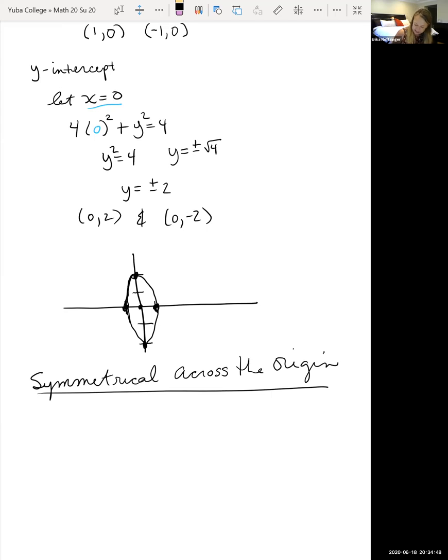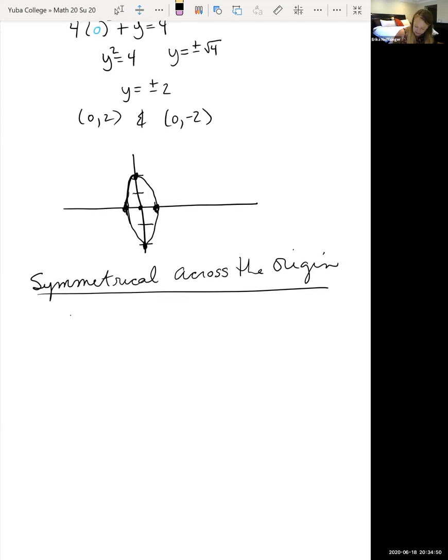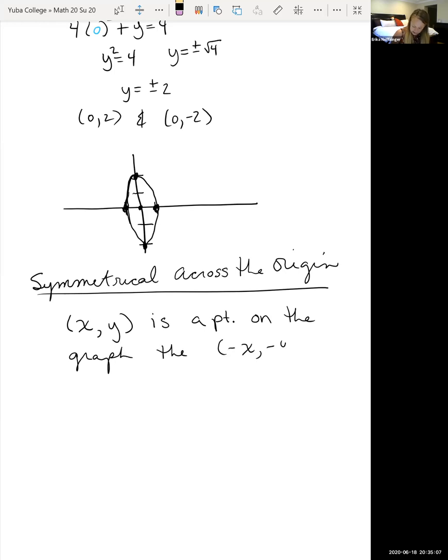So basically that's saying if (x, y) is a point on the graph, then (negative x, negative y) is also a point on the graph.